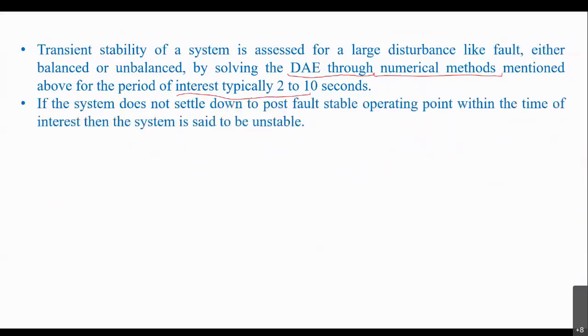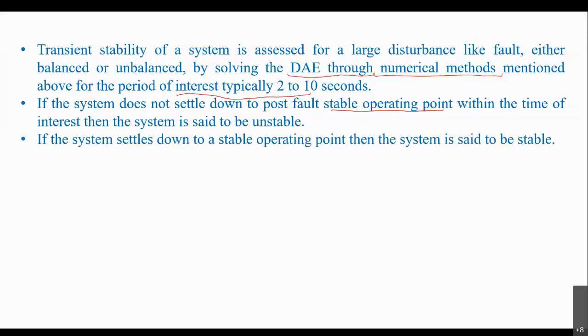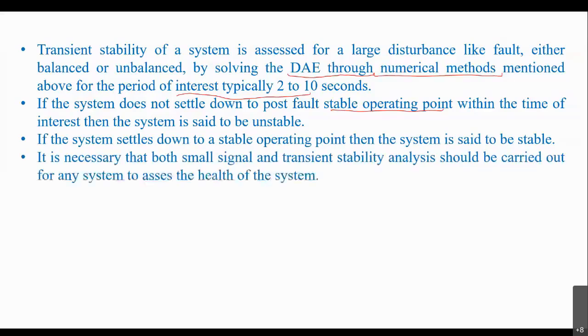If the system doesn't settle down to a post-fault stable operating point within the time of interest, then the system is said to be unstable. So we use the numerical method to see the various parameters. If it is not settling down within 2 to 10 seconds, then we say the system is unstable. If the system settles down to a stable operating point, then the system is said to be stable.